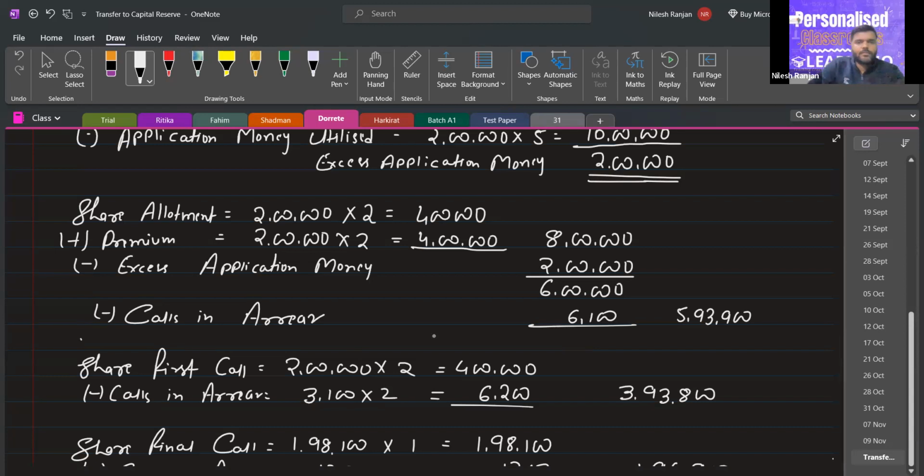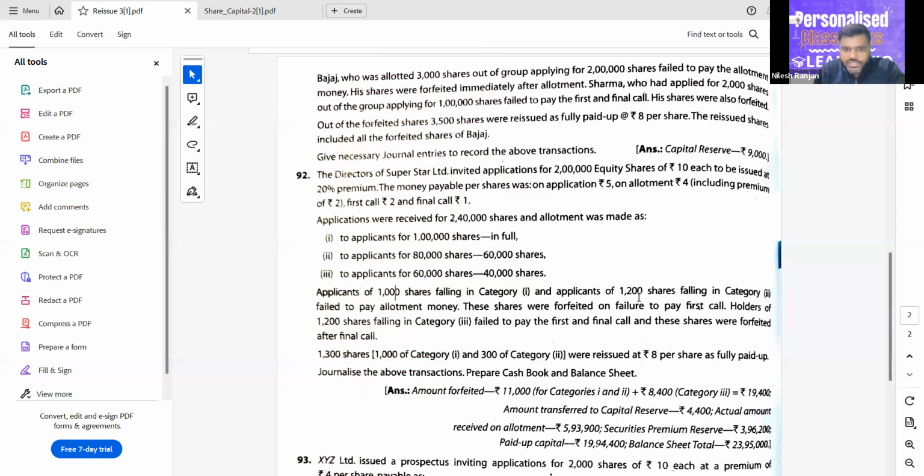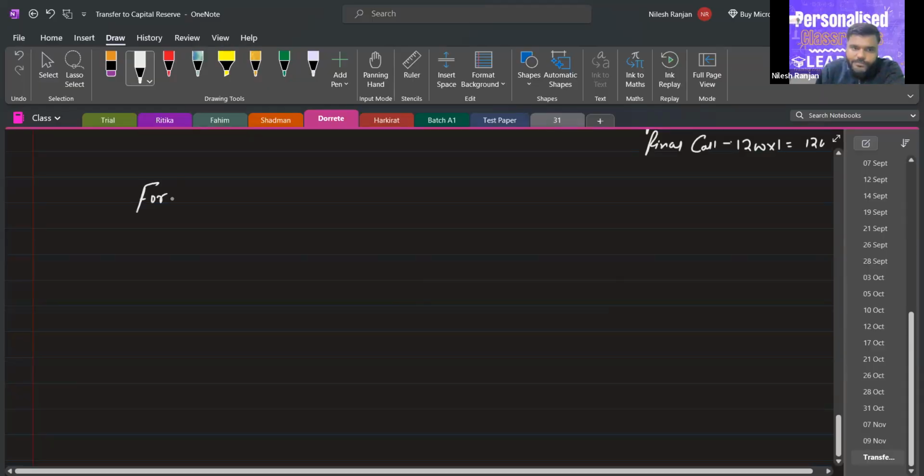Total forfeited shares we have are 1900 and 1200, so 3100 forfeited shares.